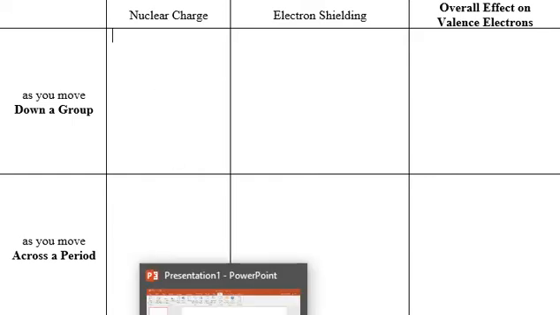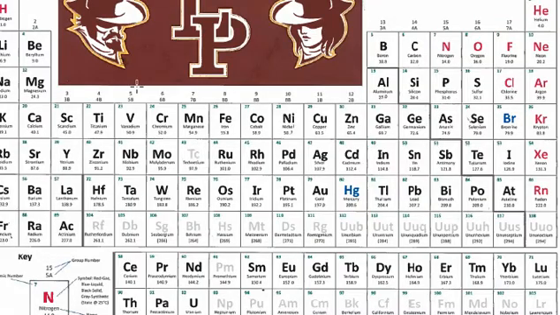If you remember, the atomic number up here in the upper left corner of our periodic table tells you the number of protons and also the number of electrons. Hopefully you remember that the protons are the piece of the nucleus that has a charge. So nuclear charge is all about number of protons.